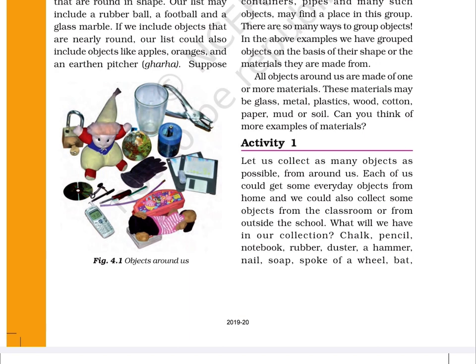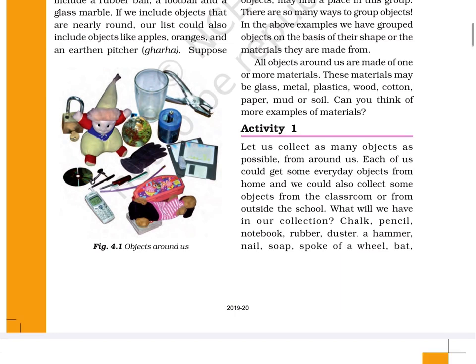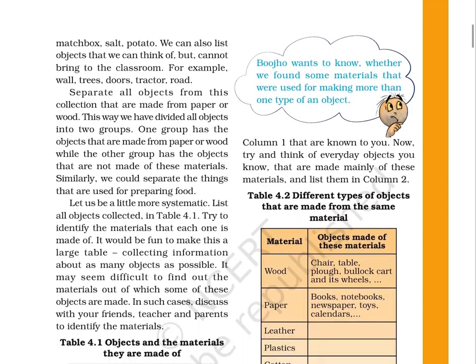Chalk, pencil, notebook, rubber, duster, a hammer, nail, soap, spoke of a wheel, bat, matchbox, salt, potato. Page 27. We can also list objects that we can think of but cannot bring to the classroom. For example, wall, trees, doors, tractor, road.